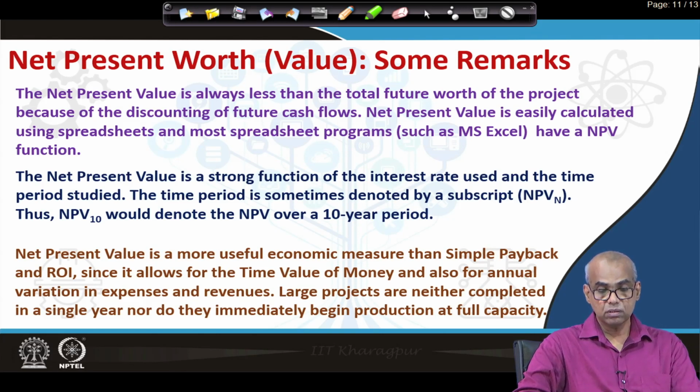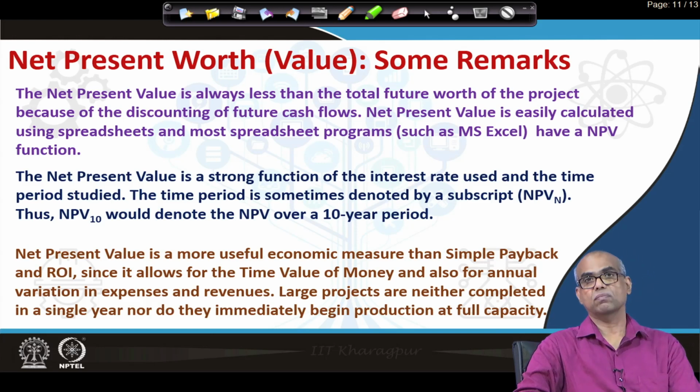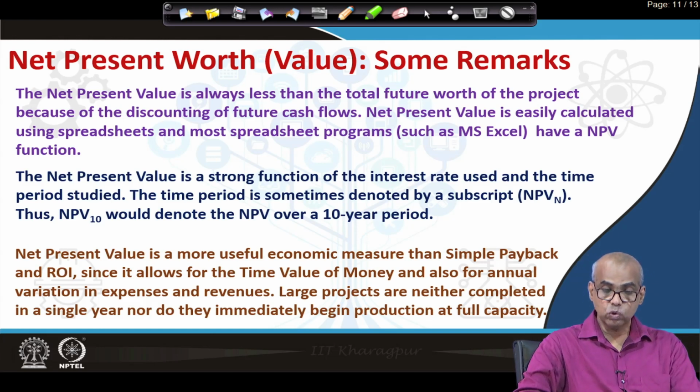Net present value is a more useful economic measure than simple payback and return on investment, since it allows for the time value of money and also for annual variation in expenses and revenues. This is important to take care of the time value of money as well as variation in expenses and revenues that may occur from one year to another.